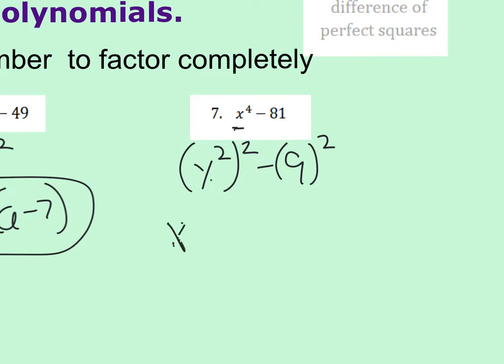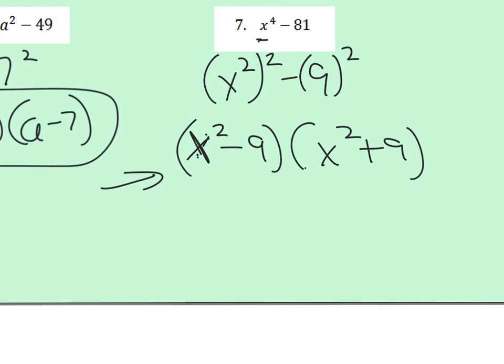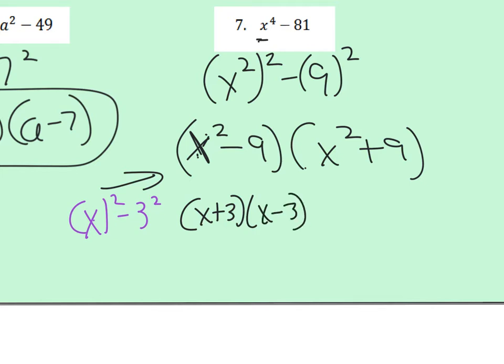So that becomes x squared minus 9 and x squared plus 9. But take a look at this one now, because x squared minus 9 is once again a difference of two squares. This can be thought of as x squared minus 3 squared. So I can keep factoring that into x plus 3 and x minus 3.